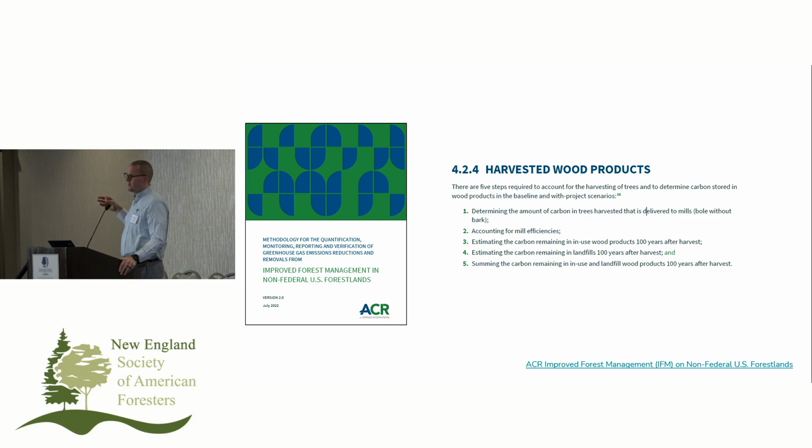How do you account for the mill efficiency, recognizing that not every stick of wood that gets put on a logging truck is going to end up in products in use? There's some wood that gets discarded there. It depends on the mill, how they use all that wood. And then you also need to understand the efficiency of that mill and how that harvested wood will decay through time.